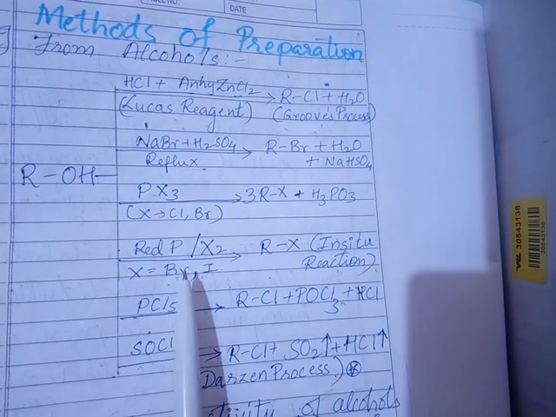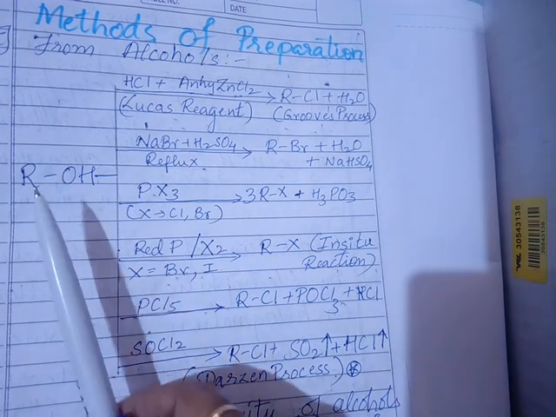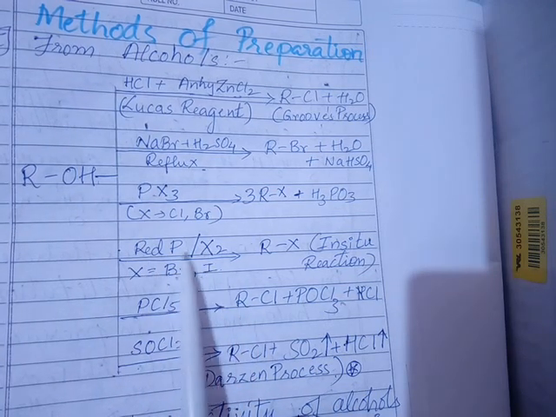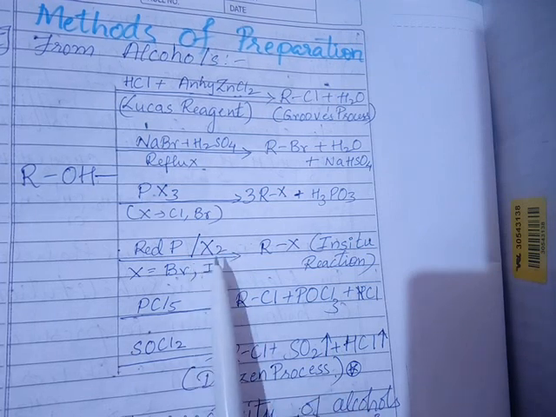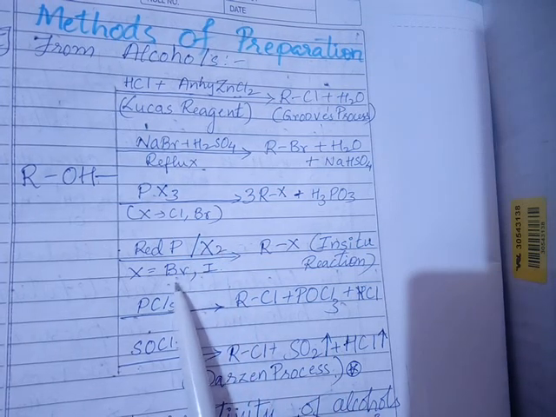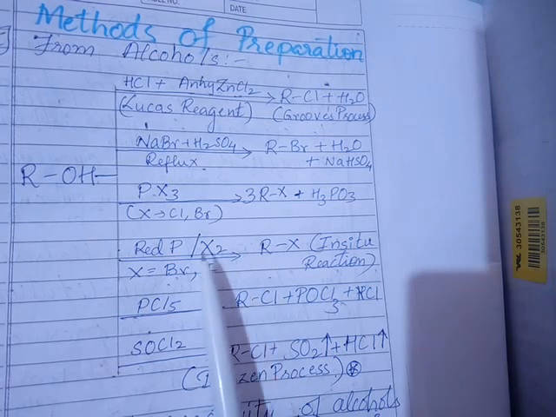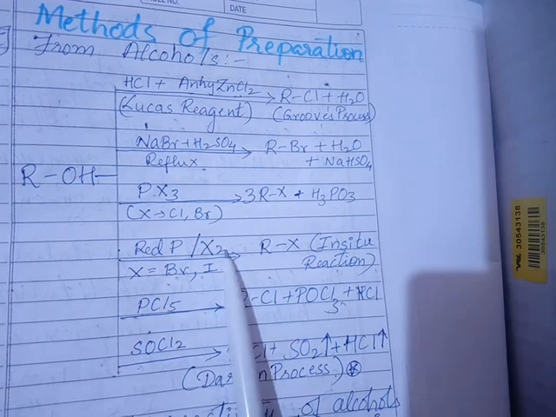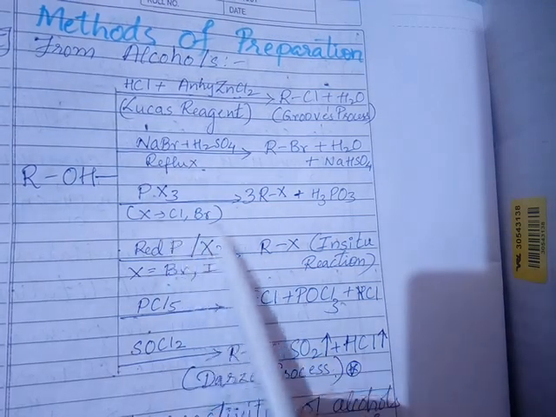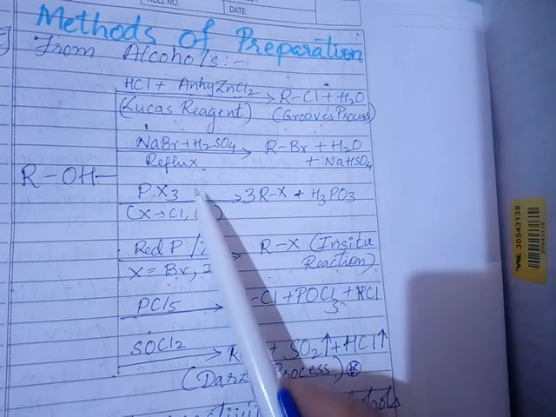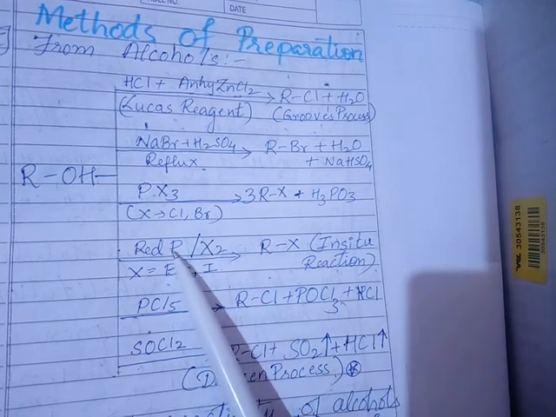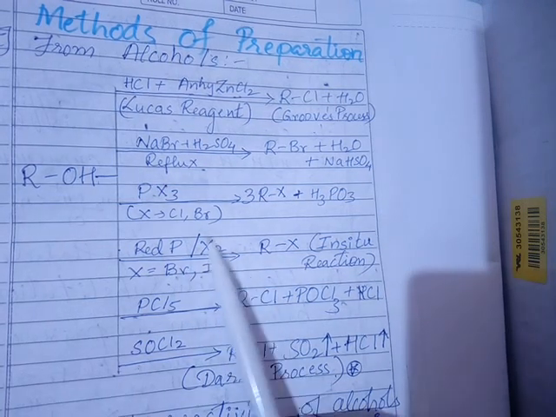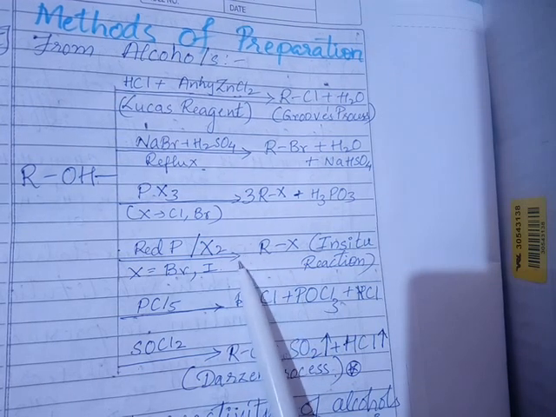Similarly, we have one more reaction, where alcohol reacts with red phosphorus, in the presence of which we pass halogen. The halogen here can be either Br or I. The same reaction we saw previously takes place, but the phosphorus reacts with the halogen in the reaction mixture itself and releases PX3.